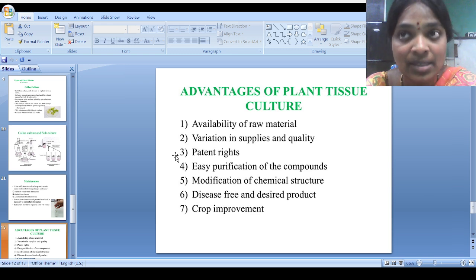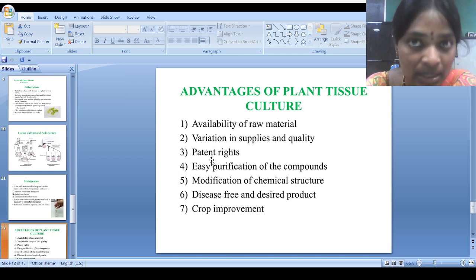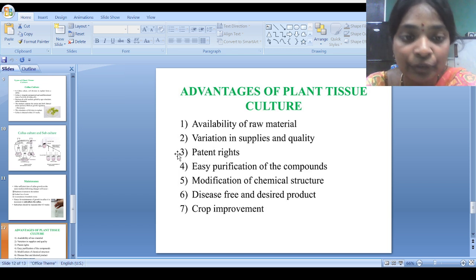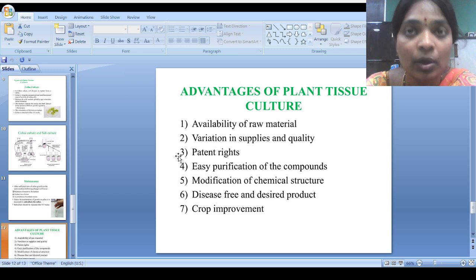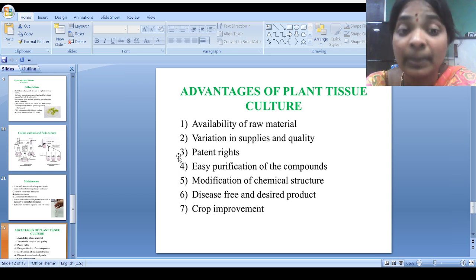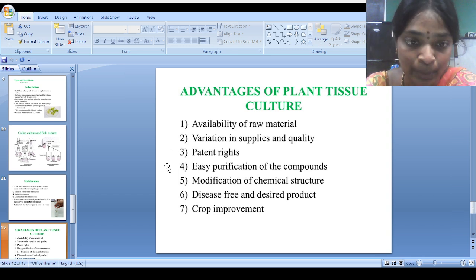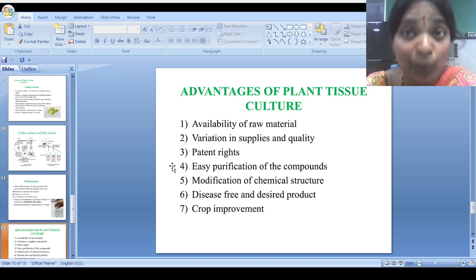Like turmeric is a patent held by the US government, where it is traditionally used in India, unfortunately, right. So they got the patent right. They said that it has some kind of anti-inflammatory and antibiotic nature, like that they have claimed. But we know that in the kitchen, when you have a small cut or anything, we just add some turmeric on that, right? So that clots the blood, and it doesn't cause any kind of infection again. But the patent right was taken by the US government, right? It is efficiently grown in India.